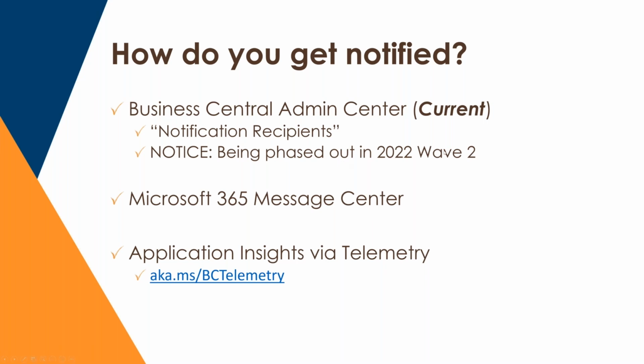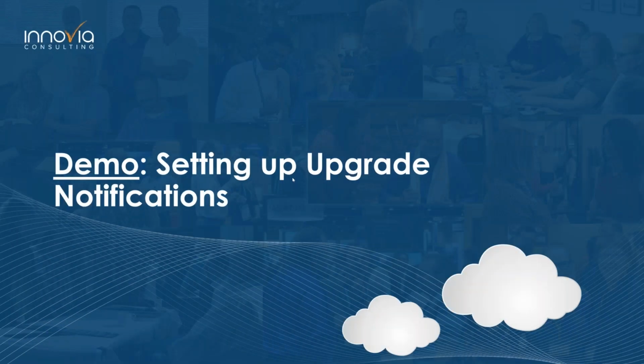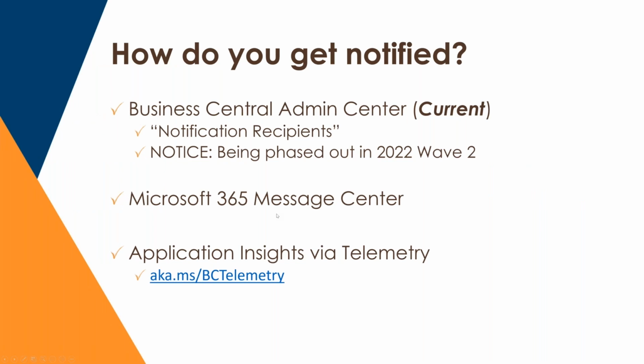Microsoft will now be moving its notification functionality into the Microsoft 365 message center, okay? So as a Business Central administrator, you are going to have to make sure you have access to the Microsoft 365 message center, so you can set up the proper notifications for your SaaS updates.